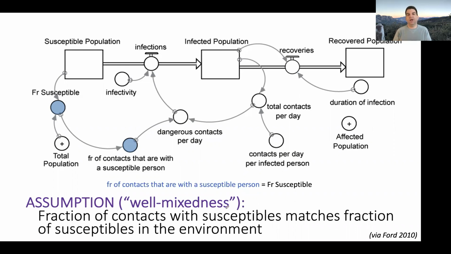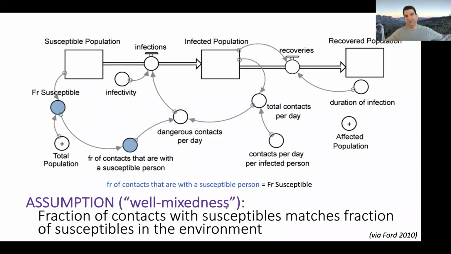What we're saying when a population is well-mixed is that the fraction of susceptibles in the population matches the probability that any random encounter is with a susceptible individual.